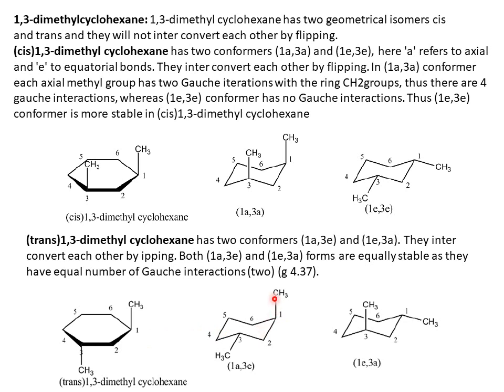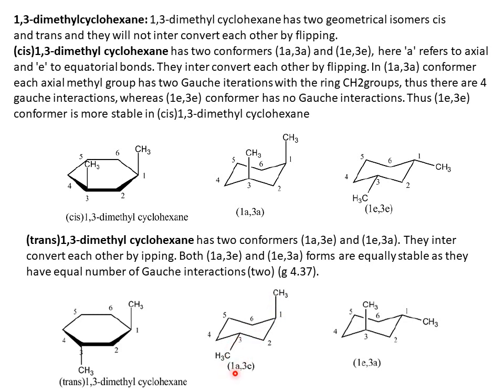This is axial CH3. One methyl group is placed at the axial position. The other methyl group is placed at the equatorial position. This methyl group is in the upward direction and this methyl group is in the downward direction. This conformer can be regarded as a trans isomer because this methyl is upward and this methyl is coming downward. This is a trans isomer.